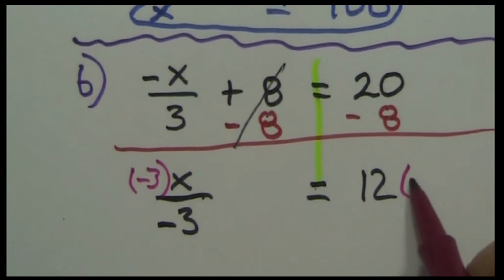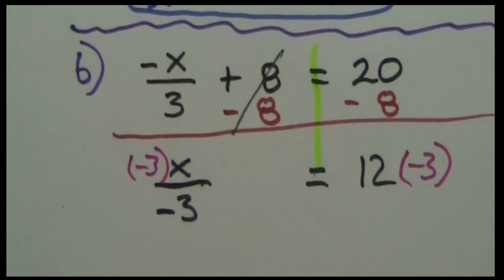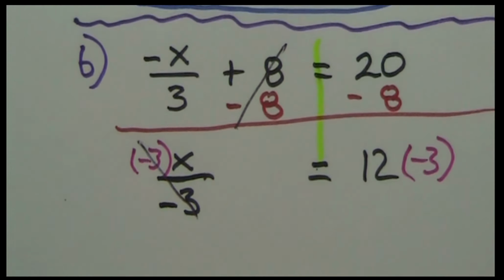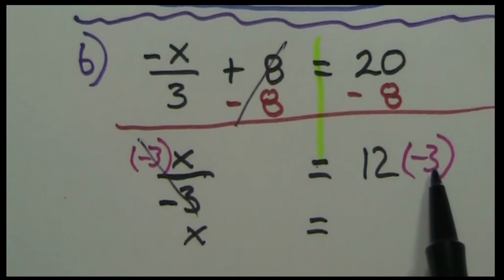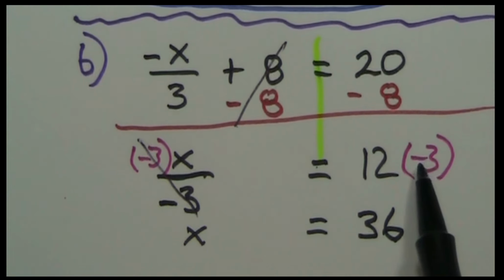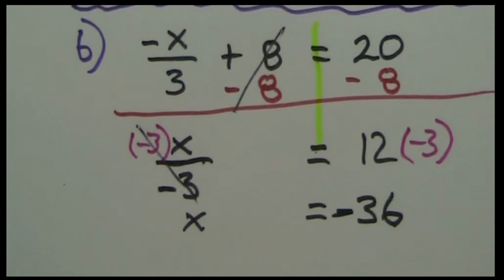But I have to do it to the other side also. So this reduces to just 1x. Then we have 12 times negative 3. 12 times 3 is 36. There's 1 negative. So it's negative 36.